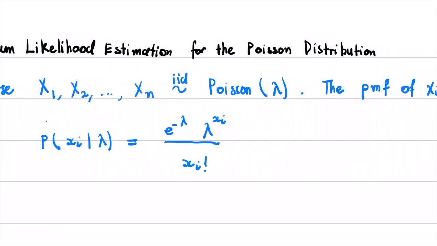And of course this is for the case where xi is an element of 0, 1, 2, and so on and so forth. So it takes all the natural numbers, including 0.